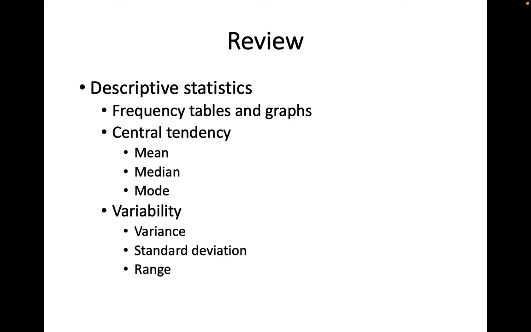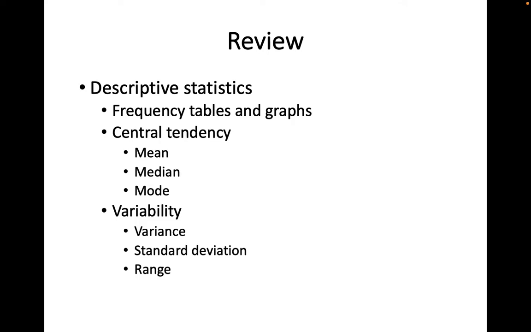Frequency tables and graphs show you how many people have particular values on a variable and also indicate the shape of a frequency distribution. We've also learned about statistics for describing the central tendency of a distribution of scores, specifically the mean, the median, and the mode. And finally, we've learned about measures of variability, such as variance, standard deviation, and range. These measures describe the amount of spread or variation among scores.